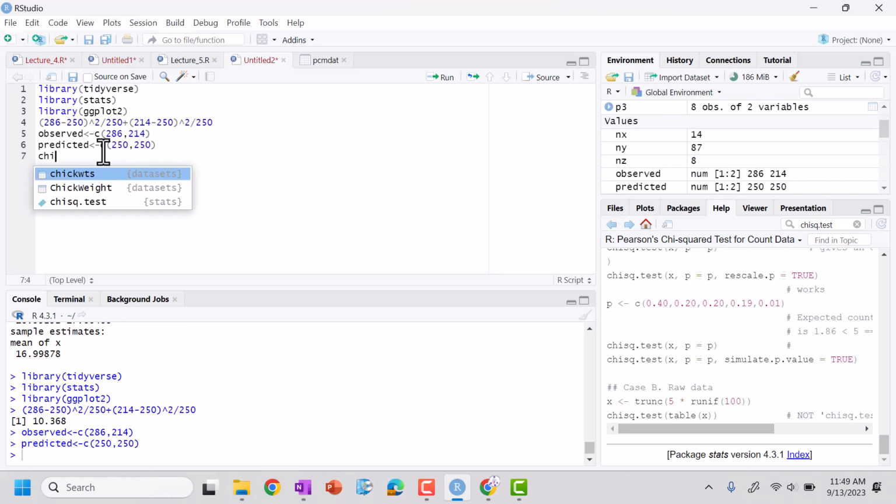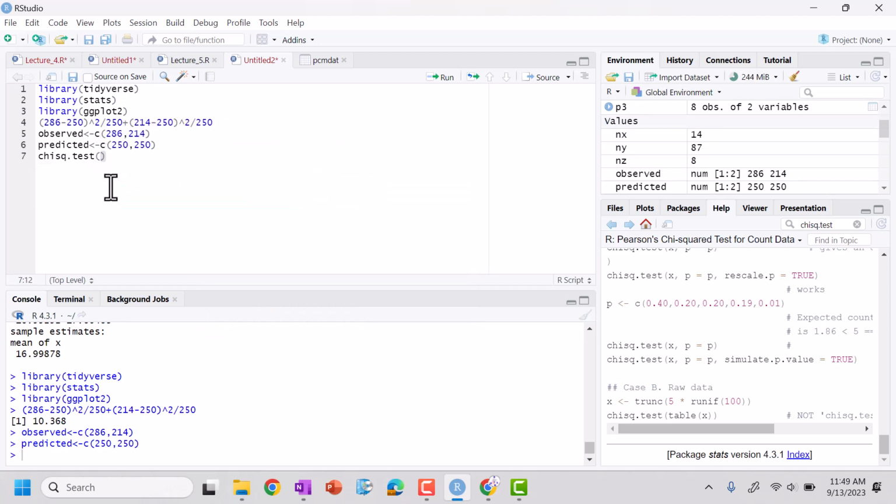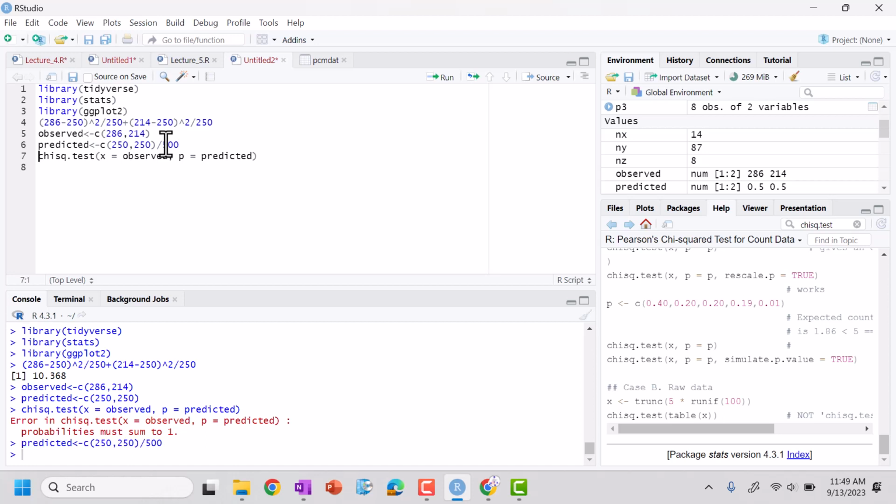Now I can do chisq.test, where I set x equal to observed and p equal to predicted. Oops. For predicted, it's a good error to see. They have to sum to 1, so I have to divide this by 500. So a half.